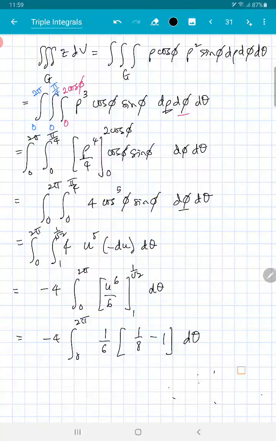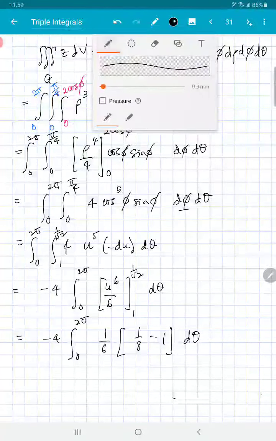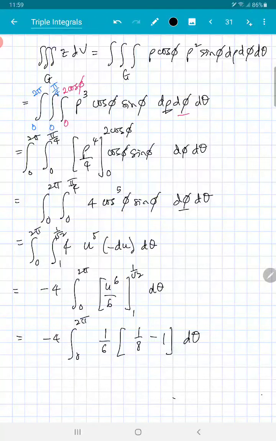All right, so those are all constants. Let's simplify our constant. Here we have 1 over 8 minus 1, which is negative 7 over 8.